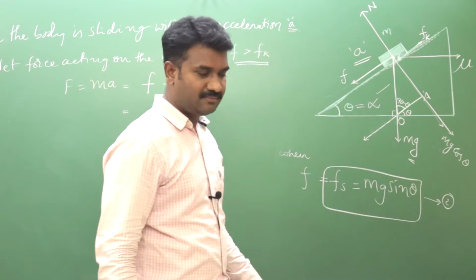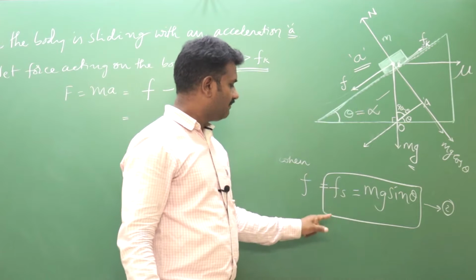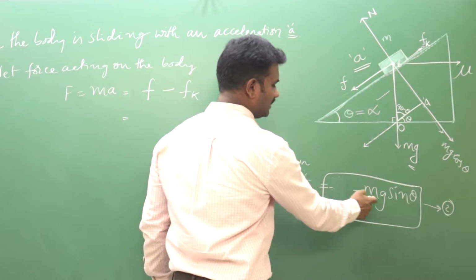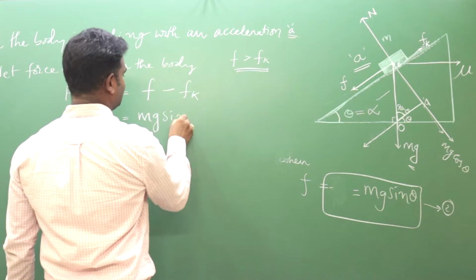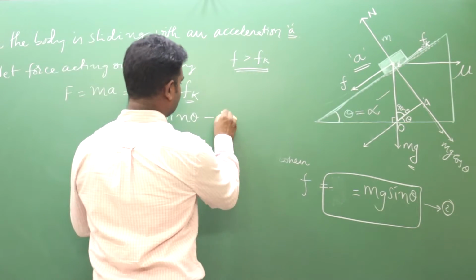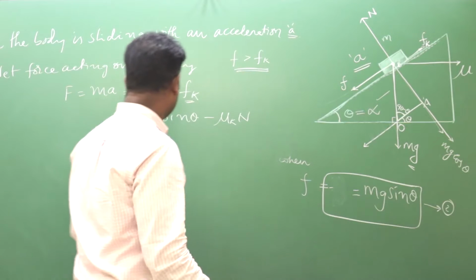If it is at rest, these two are equal, but if it is not at rest, this F is the external force, equal to mg sin theta, minus Fk, which is mu k into N. But what was N?